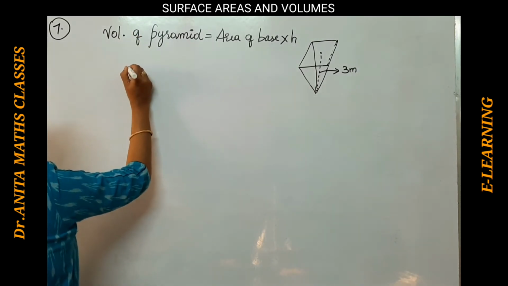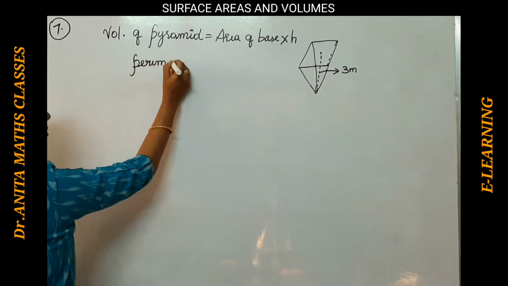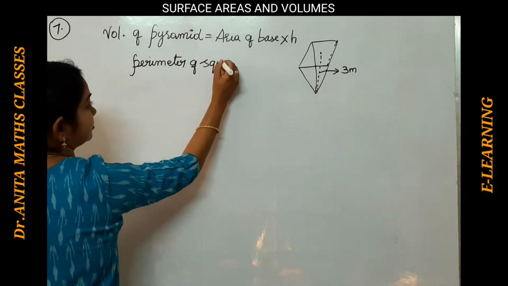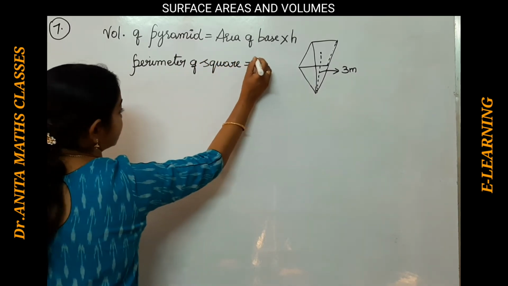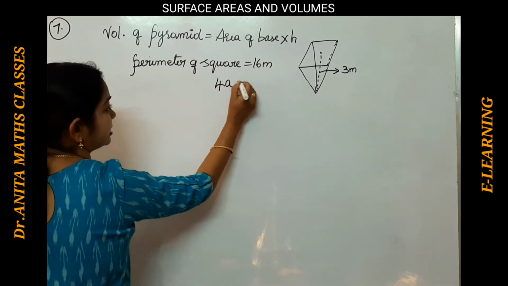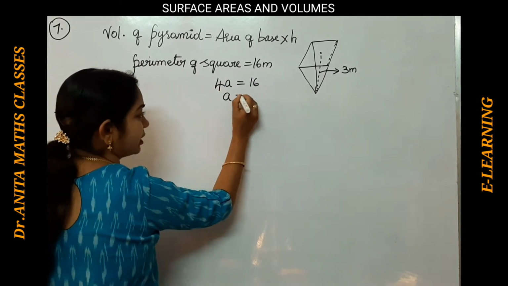So, now how do we find the area? It is not given, just the perimeter is mentioned. Perimeter of square is given as 16 meters. So, we know perimeter is 4 into side. So, from that we will find the side of the square.